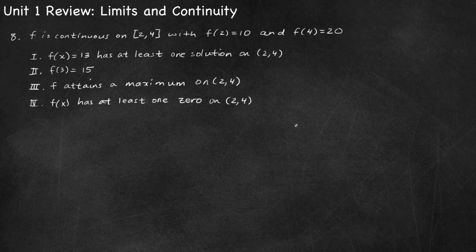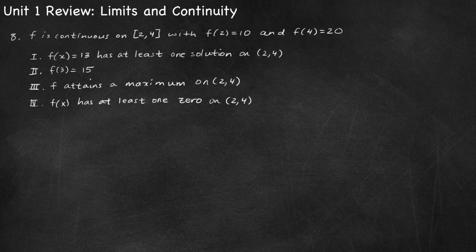Number 8, we want to know which of the following statements are guaranteed by the intermediate value theorem. So we're told f is continuous on the closed interval from 2 to 4, that f of 2 equals 10, and that f of 4 equals 20. So let's look at statement number 1. F of x equals 13.